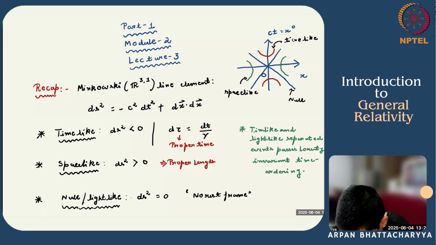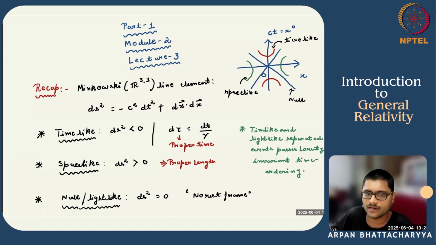The main difference between this line element and the corresponding Euclidean line element is that there is a minus sign in front of the time component, and hence it captures the notion of causality between two states. And then we discussed three cases that emerge from this.